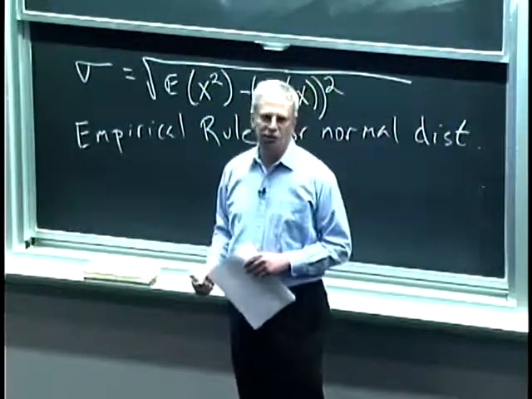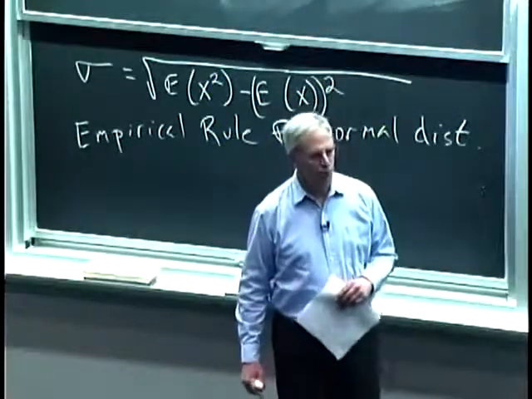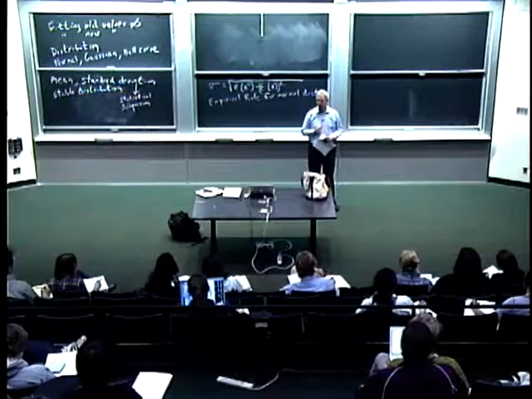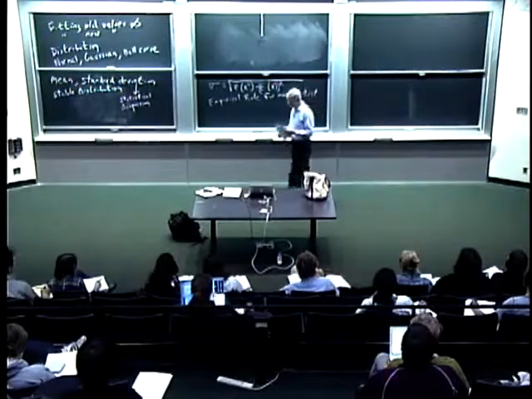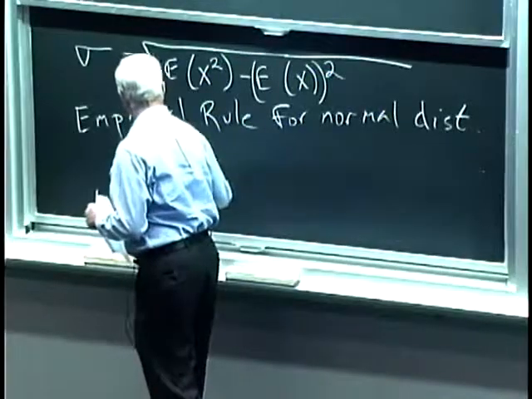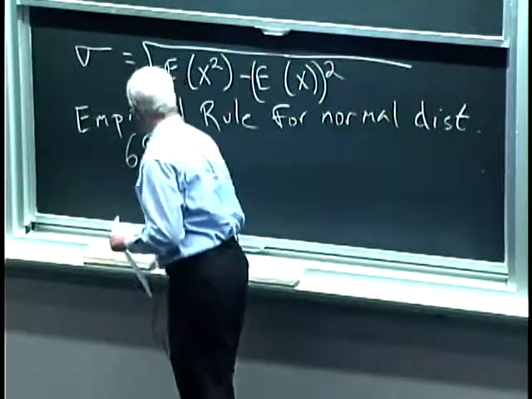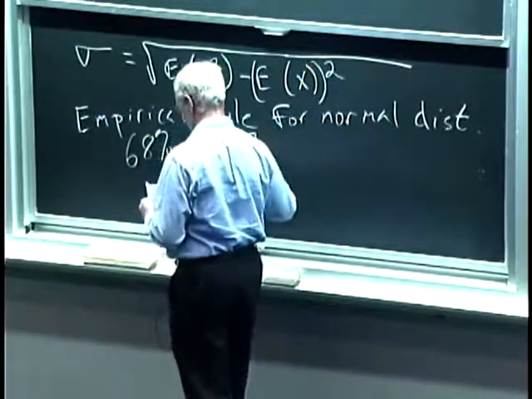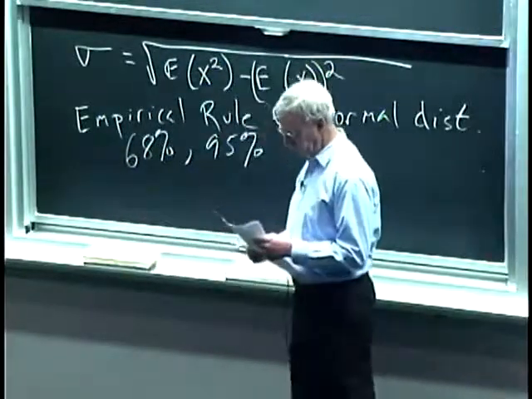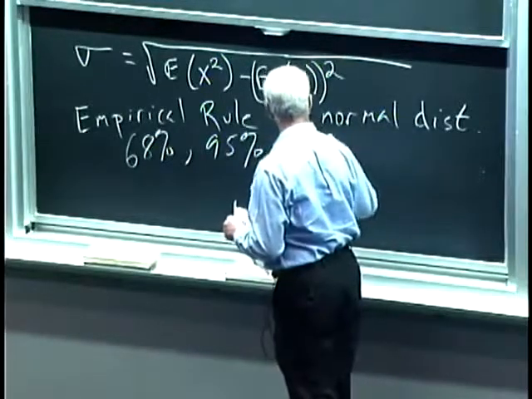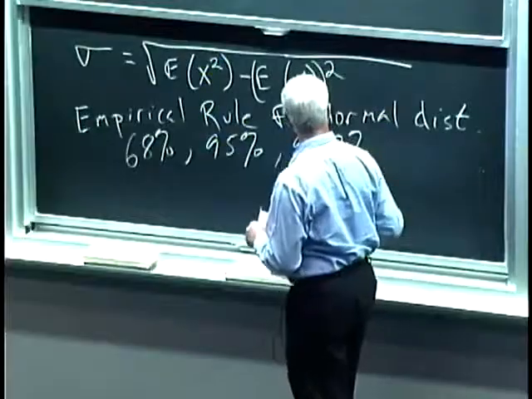So anyone know how much of the data you should expect to fall within one standard deviation of the mean? 68. So 68% within one, 95% of the data falls within two, and almost all of the data within three.